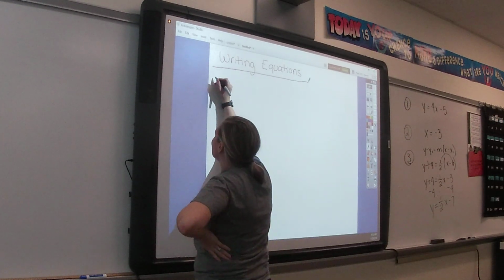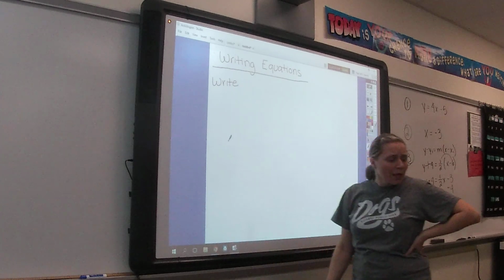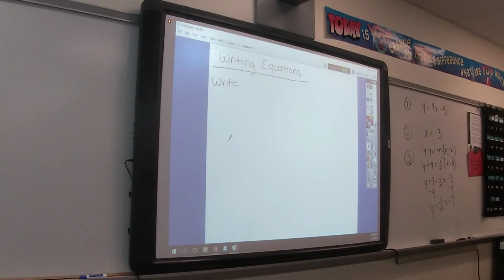So today I'm going to write this one out in a sentence just so you can see it presented in a different format. So yesterday I just sort of had instructions of write the equation of a line and then I gave you information. The information might be embedded in that sentence.